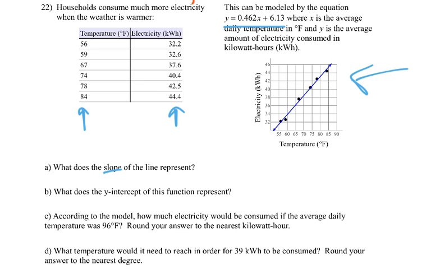So what would this slope represent? The slope would be that 0.462. And slope is always a fraction: the y value, in this case electricity, over the x value, in this case temperature.